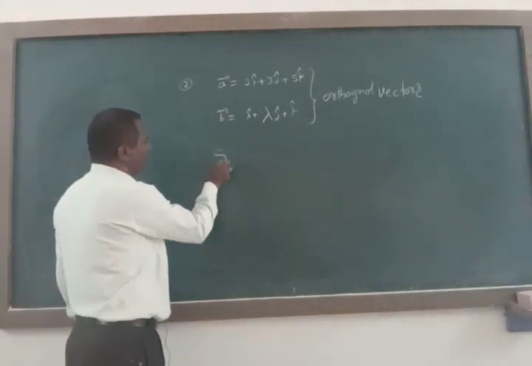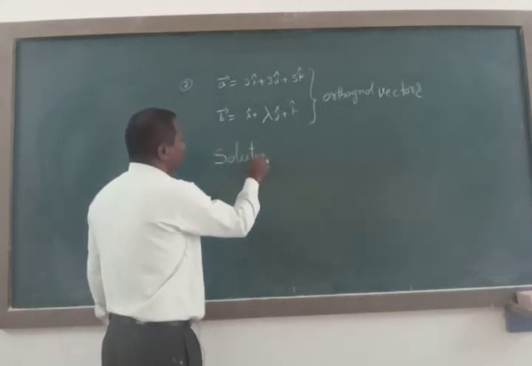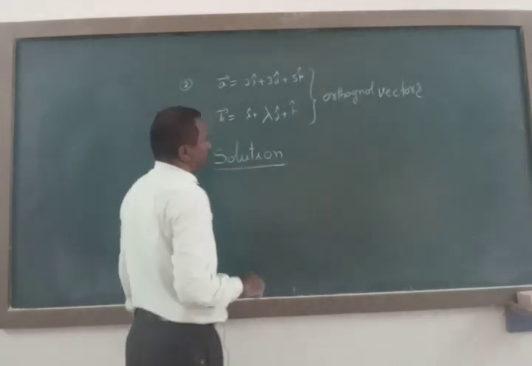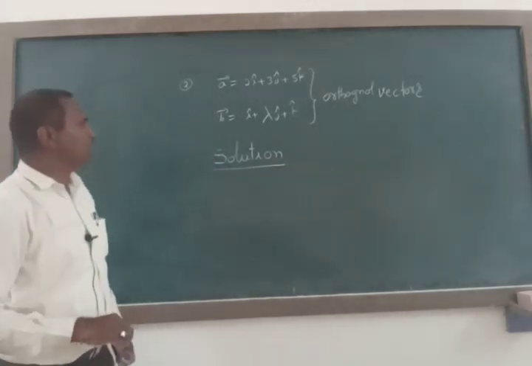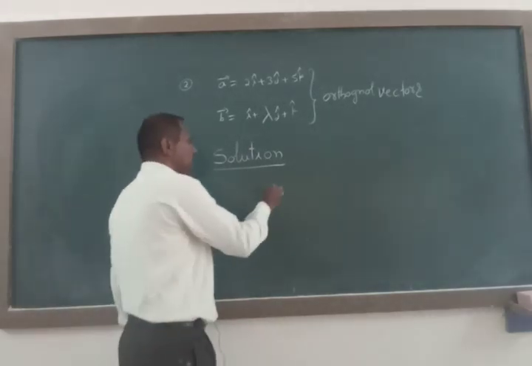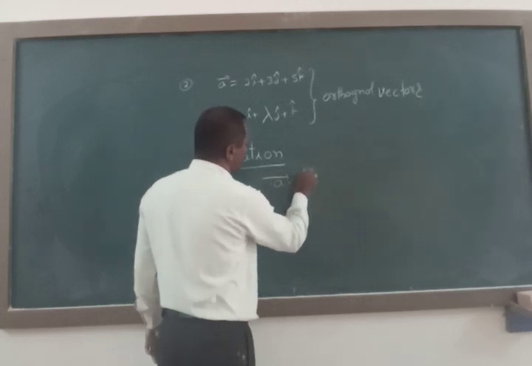The solution is very simple. They already mentioned that those two vectors are orthogonal vectors. That's why we must take the condition A bar dot B bar is equal to 0.